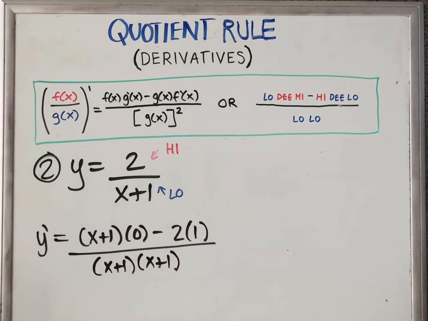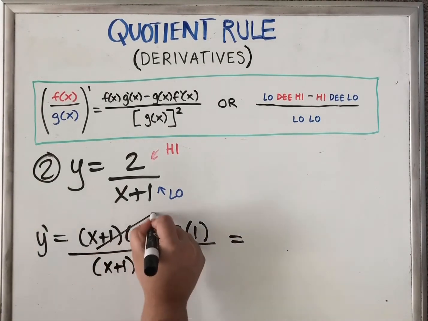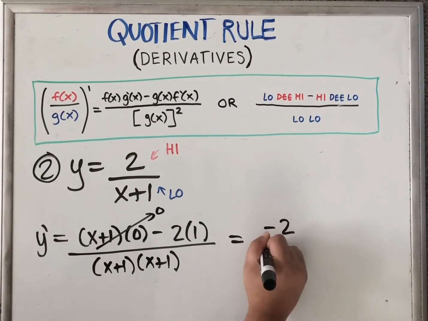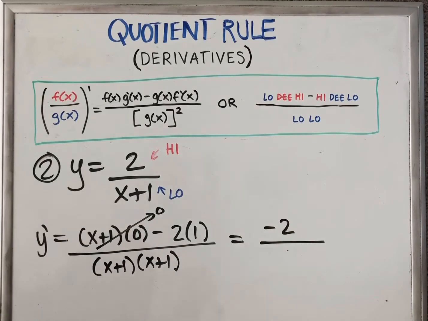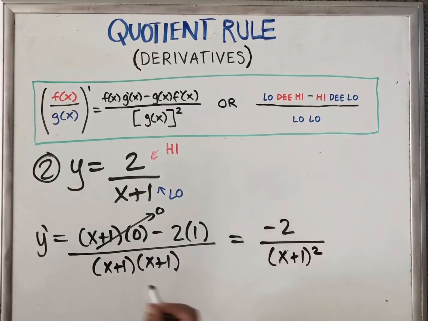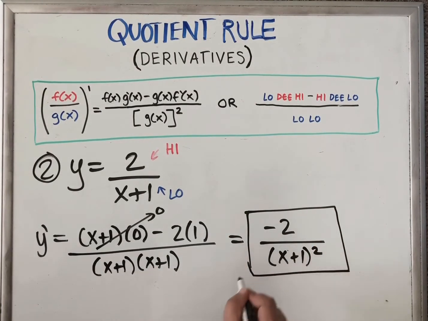We'll clean that up. This whole first part gives us 0, so we have a negative 2 left on the top, over x plus 1 squared. Again, you can distribute this out if you would like, but I'm not going to do it for time purposes here. But this would be our derivative using the quotient rule.